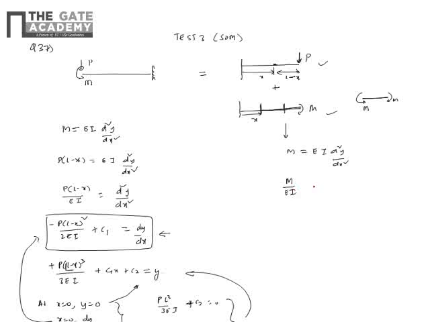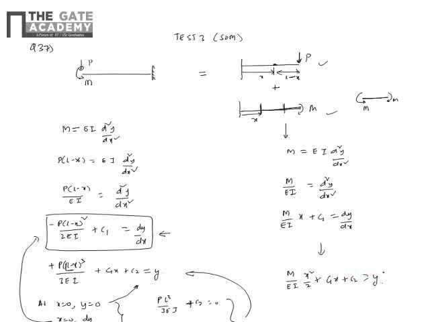M by EI is d square y by dx square. Now if I integrate this, I get M by EI x plus c1 is dy by dx, and then again if I integrate, it's M by EI x square by 2 plus c1 x plus c2 is equal to y.